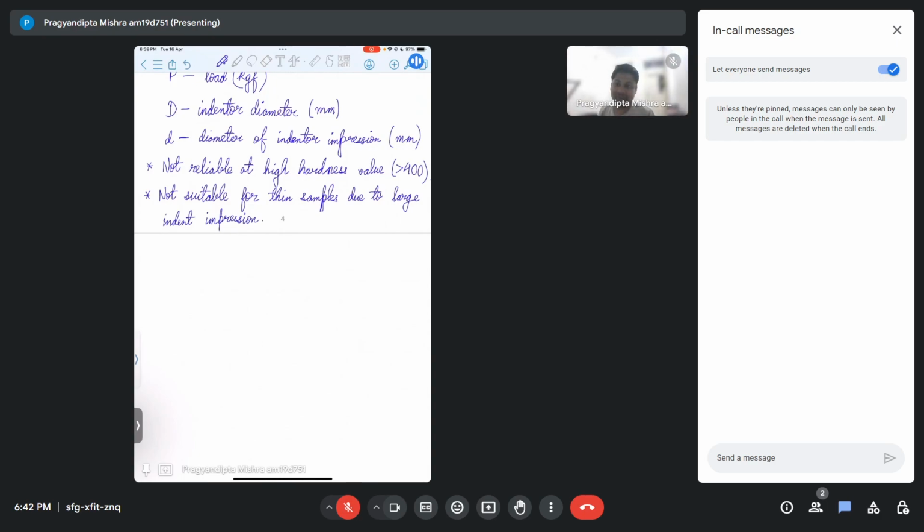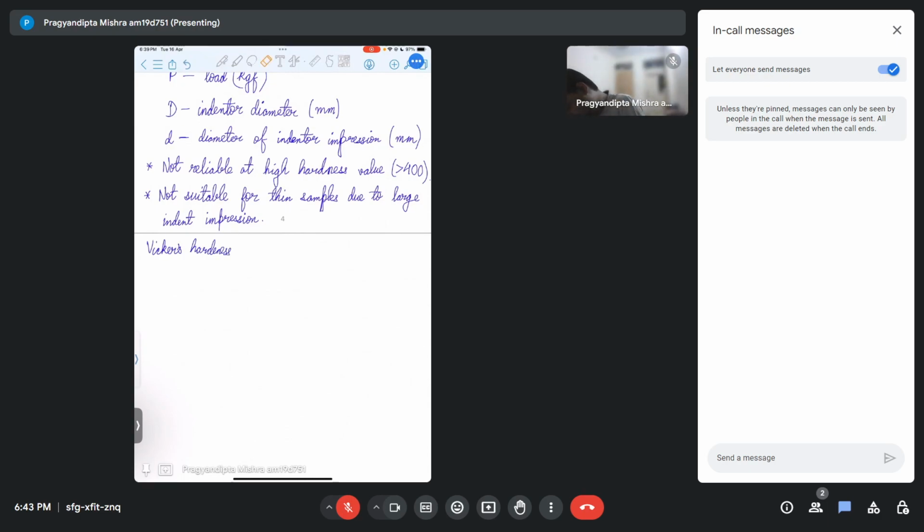So again, you can take average D value to be D1 plus D2 by 2, just like last time. It's not diameter because this is not circular, it is diagonal length.